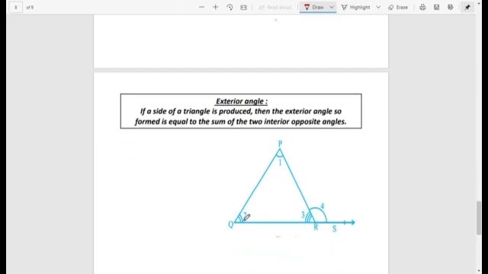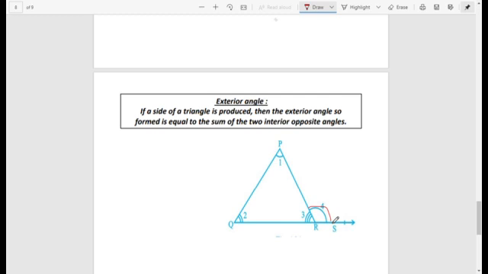Exterior angle. If a side of a triangle is produced, then the exterior angle so formed is equal to the sum of the two interior opposite angles. The side QR is extended to S. So angle 4 is being formed here, which is the exterior angle.